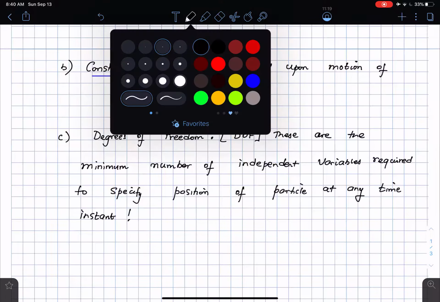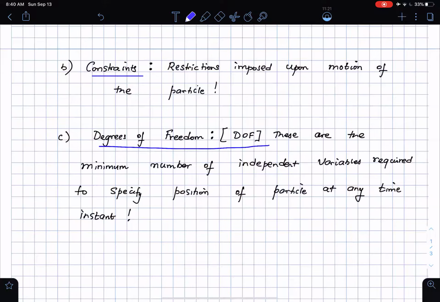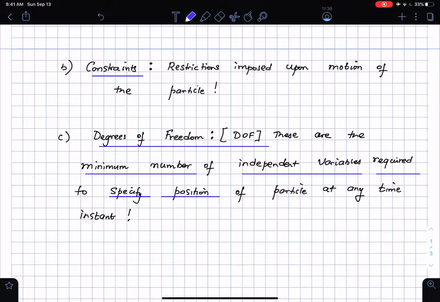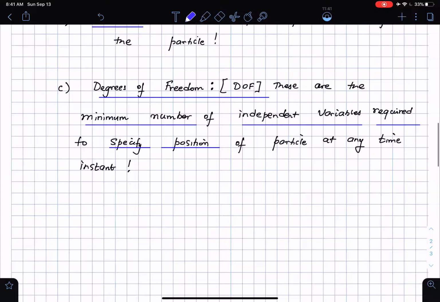So a couple of important things going on here. These are all new terms that we are coming across for the first time. So, minimum number of independent variables that are required to specify the position of the particle at any point in time. There is a nice equation.